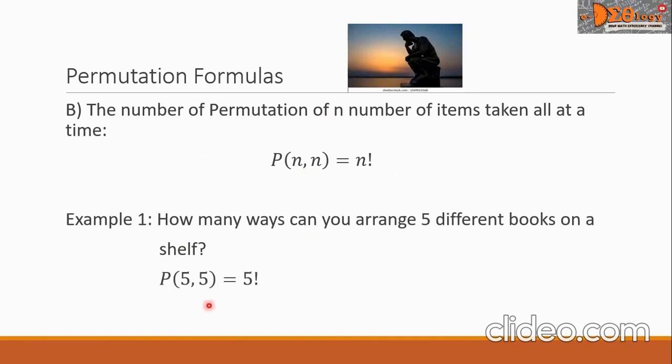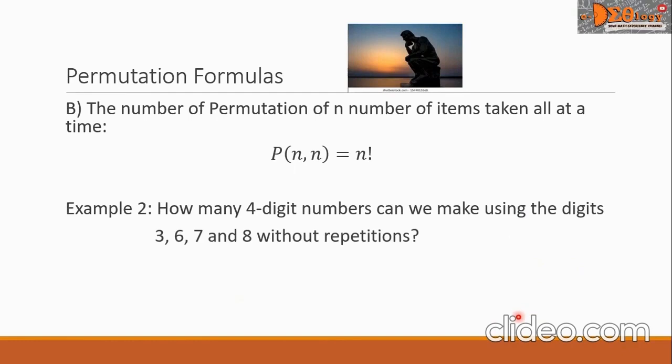This is equal to P of 5, and that is equal to 5 factorial. And we know 5 factorial is 5 times 4 times 3 times 2 times 1, and the product is 120. So we have 120 ways to arrange 5 different books on a shelf. This is our final answer.